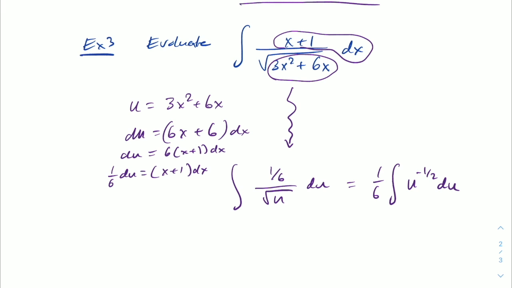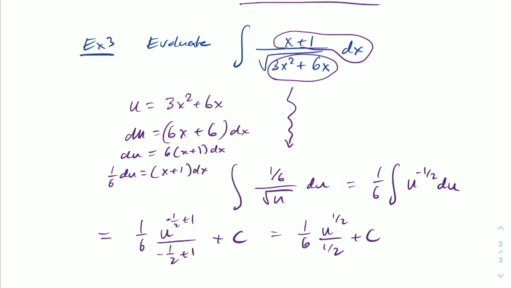Then I can use the reverse power rule, and I'll get 1/6 u to the negative 1/2 plus 1 all over negative 1/2 plus 1 plus c, which I can rewrite as u to the positive 1/2 over 1/2 plus c times the 6.